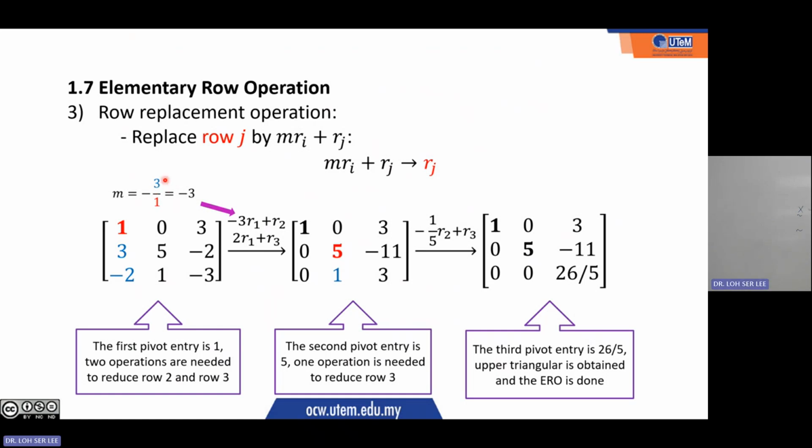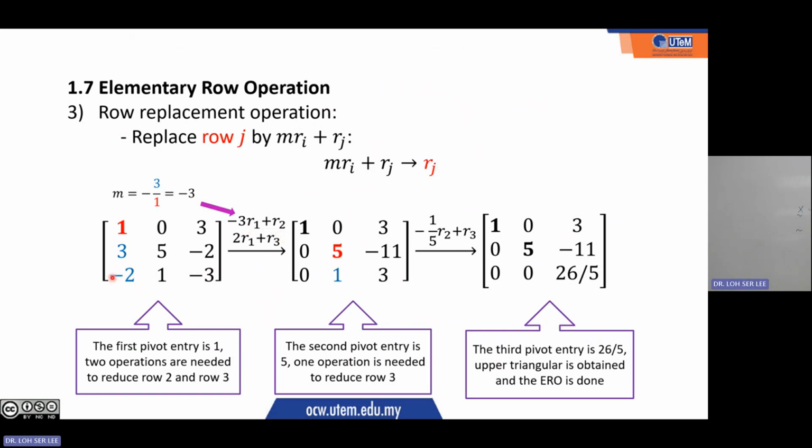So you have -3. So there's a -3 here, -3 R1. Why R1? Because your pivot comes from row 1. So -3 R1 plus, it will always be a plus, R2, because the value that you are going to change into 0 comes from row 2. So you have -3 R1 plus R2.